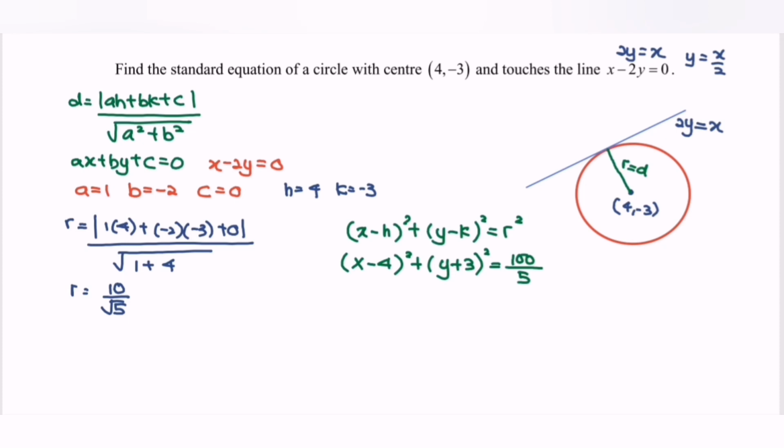Simplify the situation. So finally, (x minus 4) squared plus (y plus 3) squared equals 20. So here we have the standard equation of a circle with the center (4, -3) that touches the line x minus 2y equals 0.